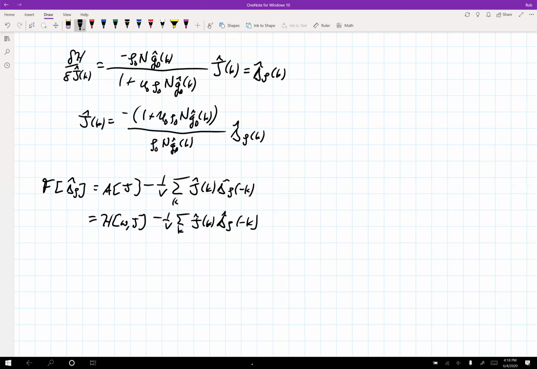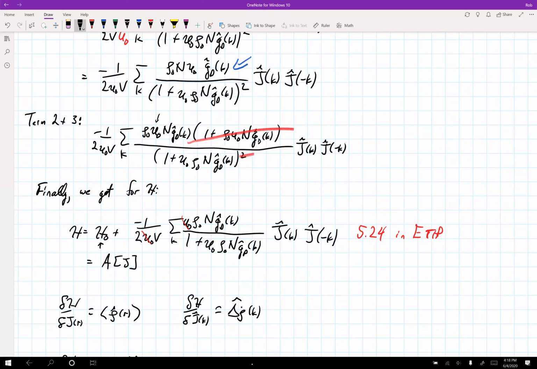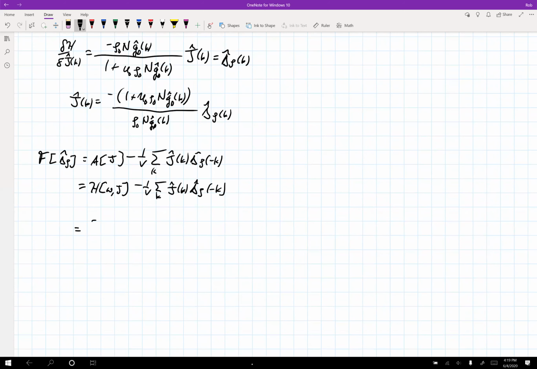But now basically we can just plug everything in and solve it and simplify it. So again, the H of W and j, if we go back up, has all this stuff multiplied by j squared. There's a bit of tedious algebra to simplify this thing, but because of this inverse relationship, it actually simplifies quite cleanly. So we have minus 1 over 2V sum over k, rho naught n gd hat of k.